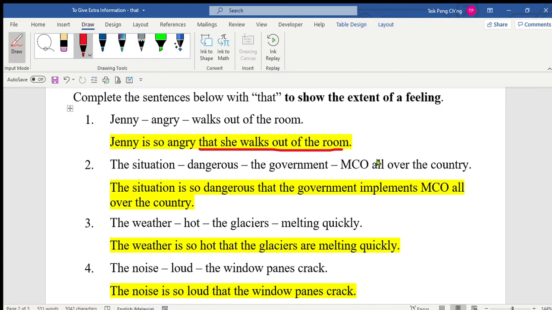Of course, you can use other actions to describe her anger. For example, Jenny is so angry that she cries. Or Jenny is so angry that she smashes all the windows in the classroom. So we can use that to describe the extent of a feeling.